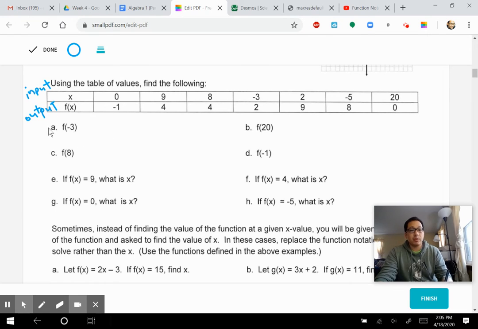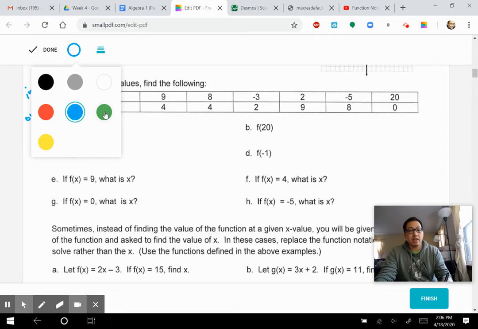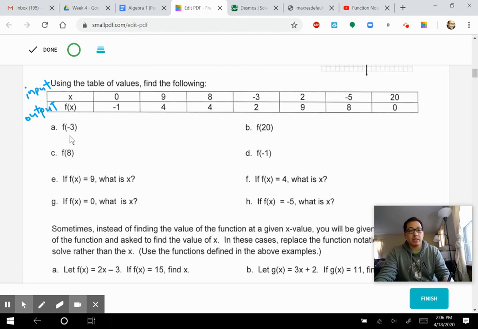So for example, we could ask, what is f of -3? Well, f of -3 means -3 is our x, or our input, right? So when -3 is our x, what do we get as our output?